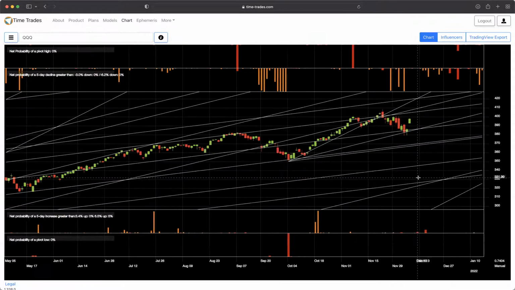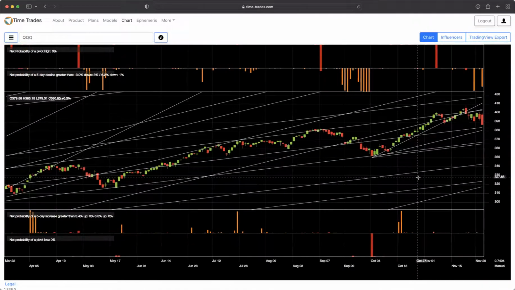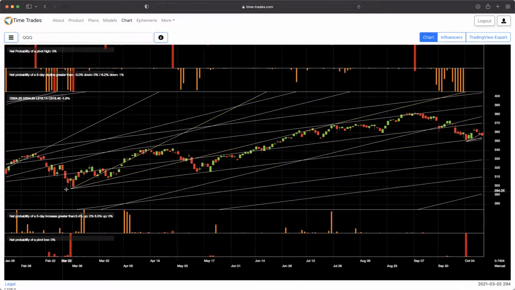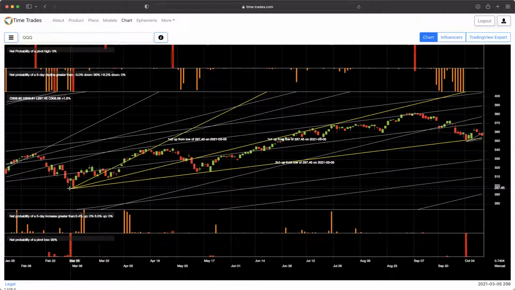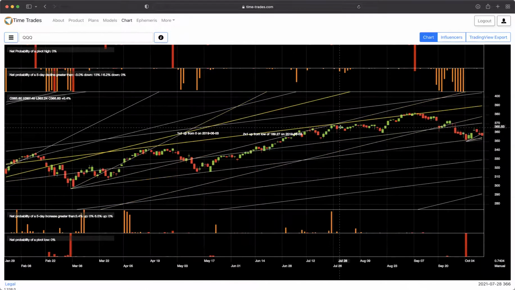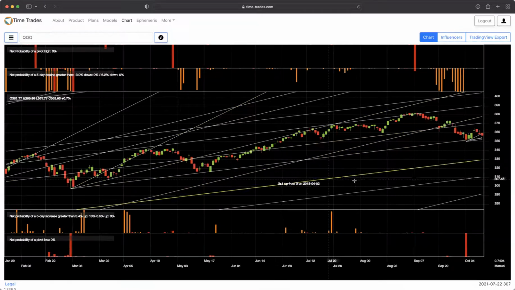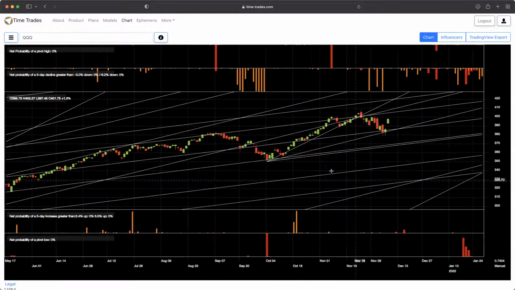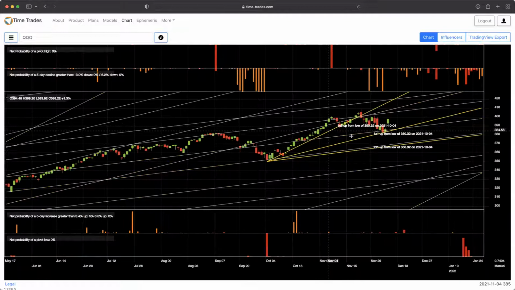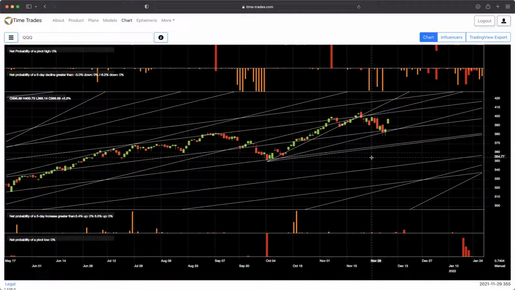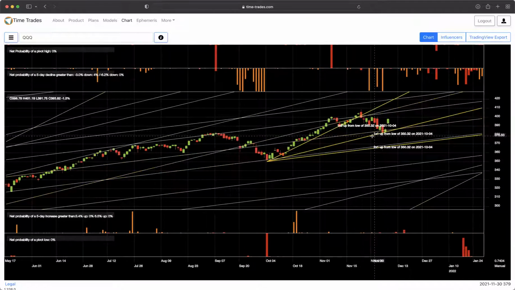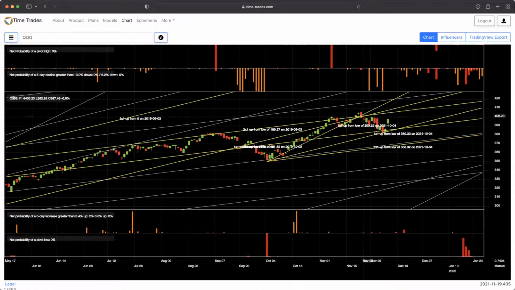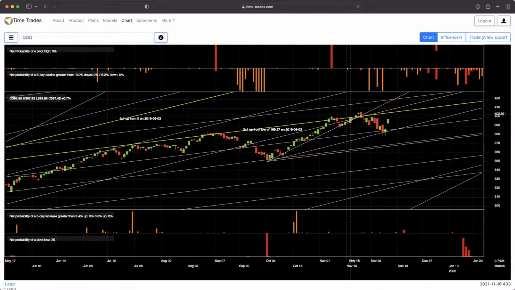So what's often really interesting about that is if you go back and set, say, for example, this Gann fan that started in March of 2021, and you set it to properly bracket highs and lows that are important. And then you scroll around, you'll notice that all the other Gann fans will also bracket price really well.